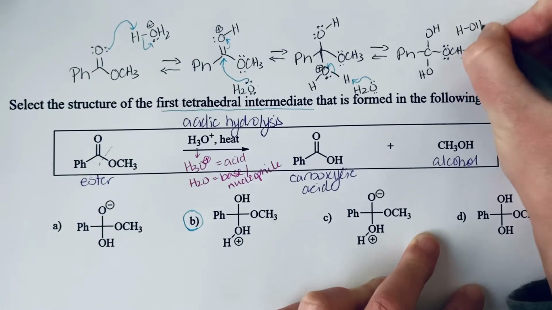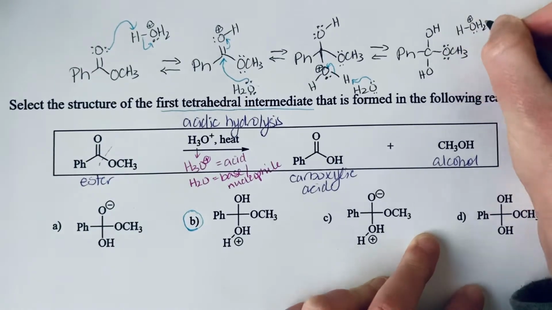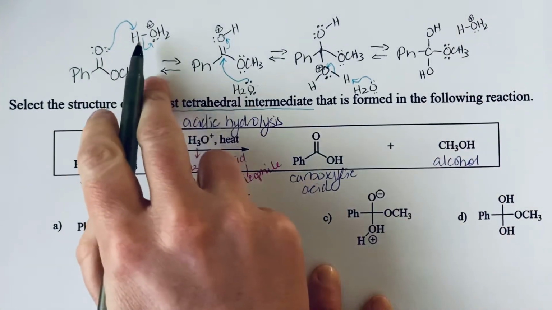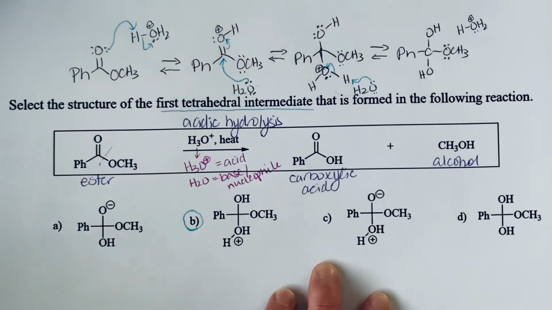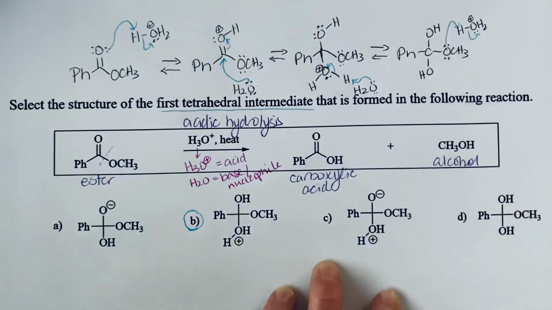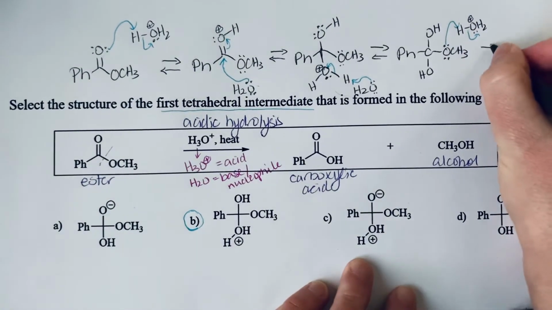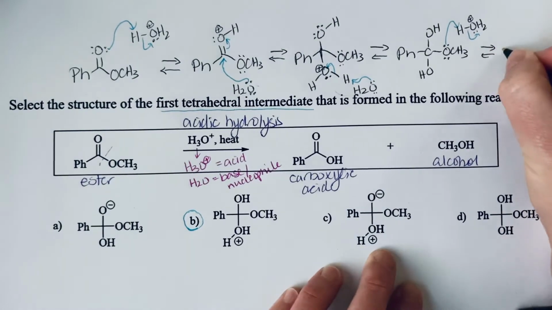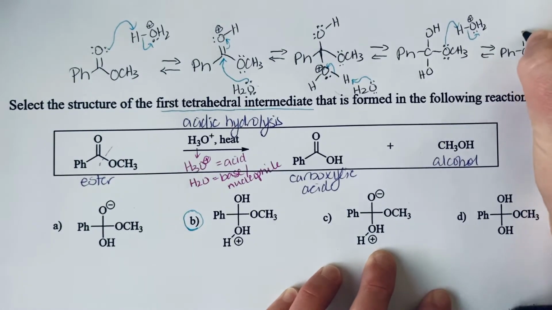So we can use that H3O+. And notice we're constantly using H3O+ and regenerating it. That's why we have it in solution. So we can protonate that oxygen. And we're just trying to set that OCH3 up to be a better leaving group.